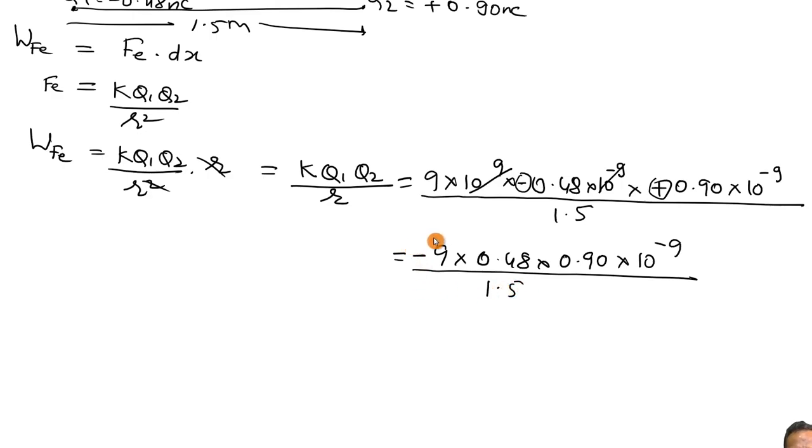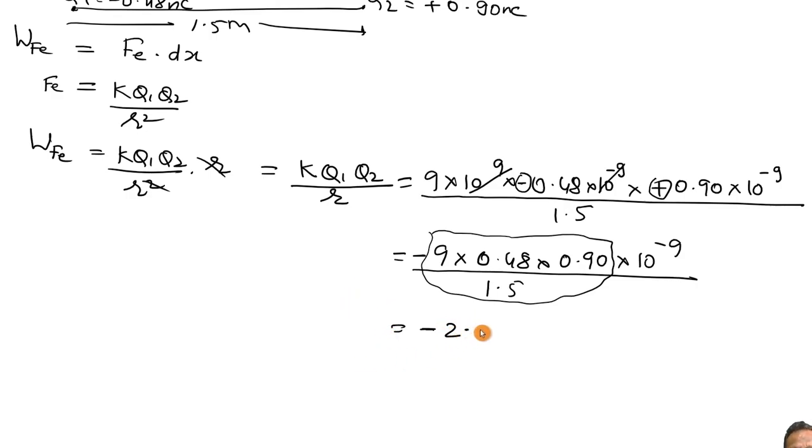Now I am going to do this on my calculator. So this sign will remain minus, and my answer should be 9 times 0.48 times 0.90 divided by 1.5, and that gives me the answer as 2.6.